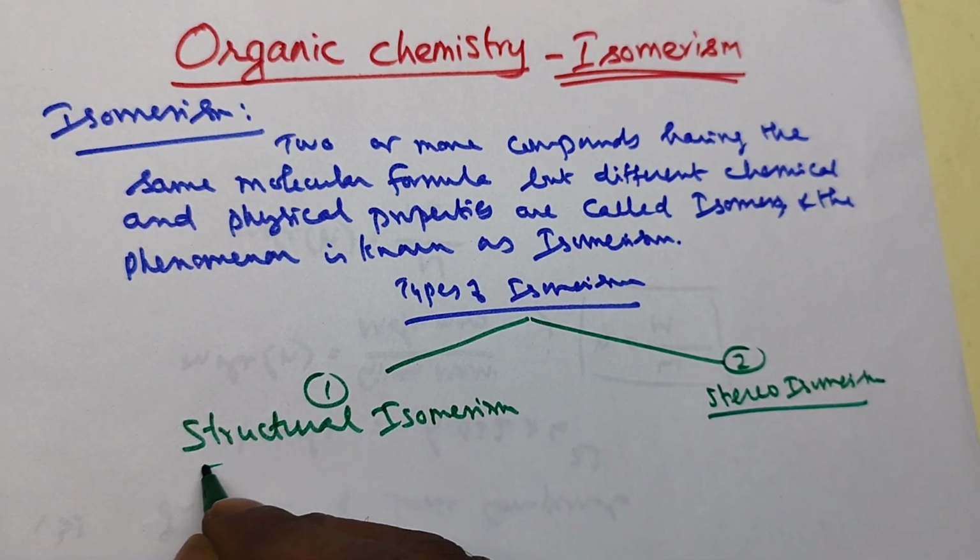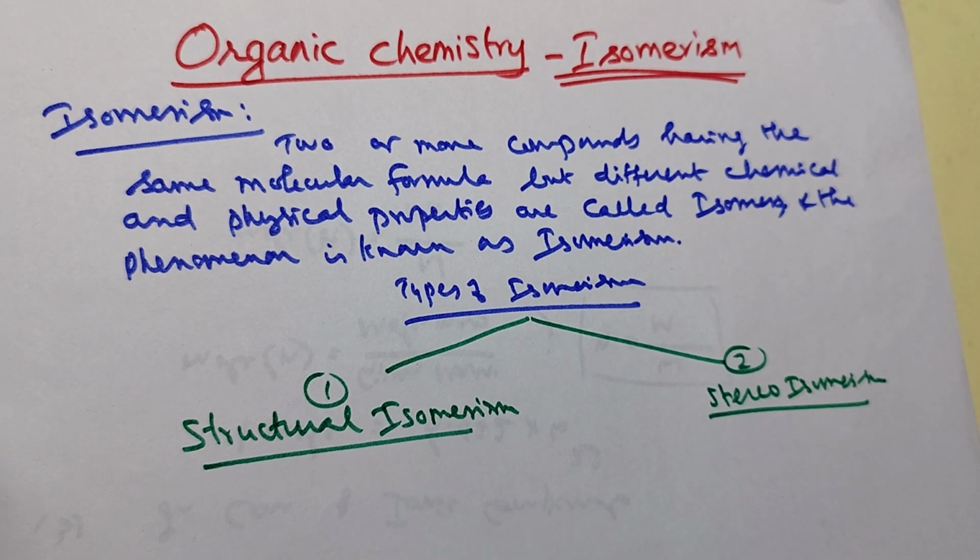First of all, I will tell you what structural isomerism is. The arrangement of atoms, the length of the carbon chain, the position of the functional groups, and the various arrangements of atoms within the functional group itself all come under the category of structural isomerism.